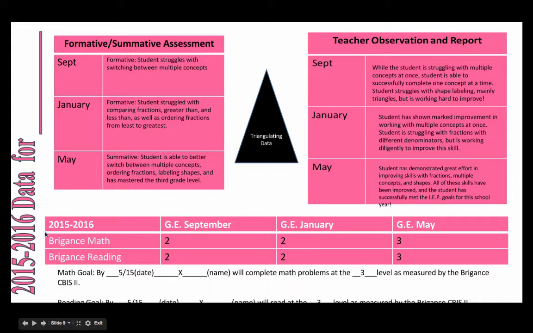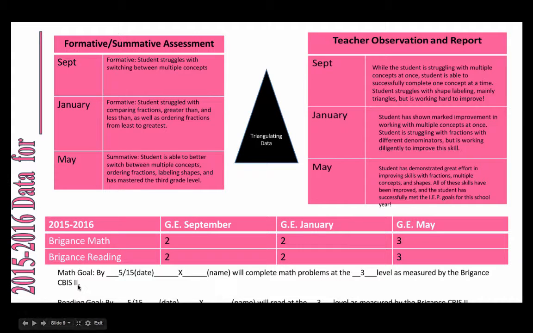Down here in the center, we have the Brigance scores in math and reading. This particular student started at a grade level 2 in September in both math and reading and was able to move up to level 3 as of May. And down here on the bottom you can see the math goal, but you can't see the reading goal.